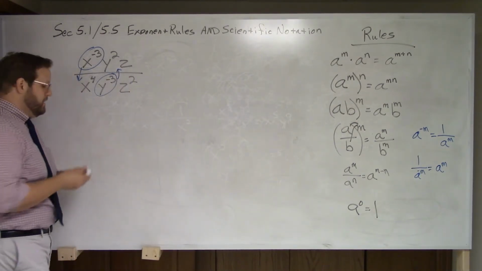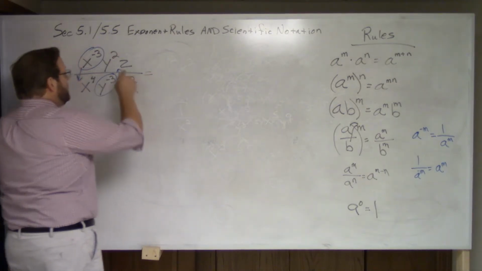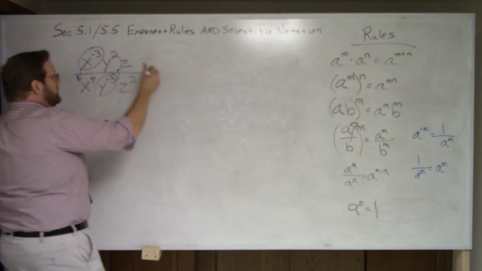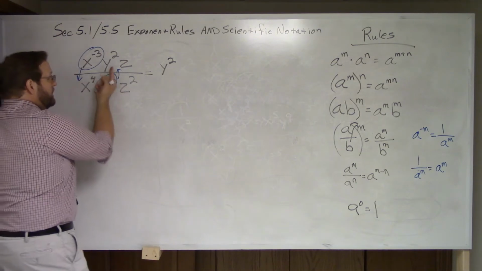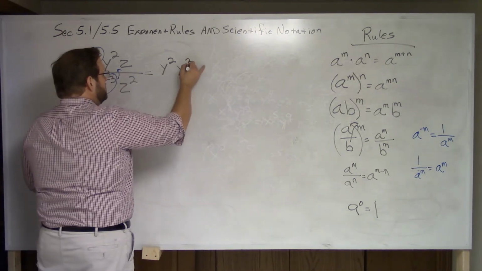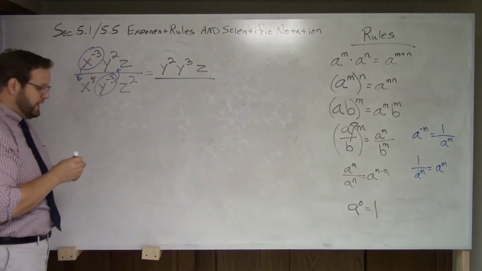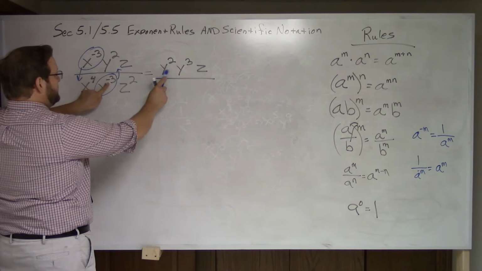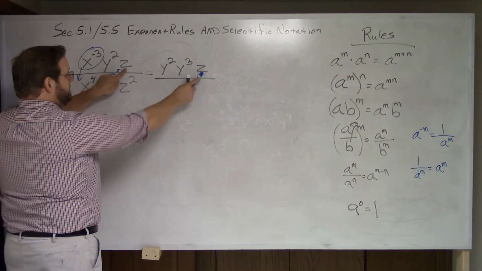So how does that look after we make that switch? The numerator doesn't have this anymore, so it has the y squared still. And then I brought up the y cubed, and it still has that z.